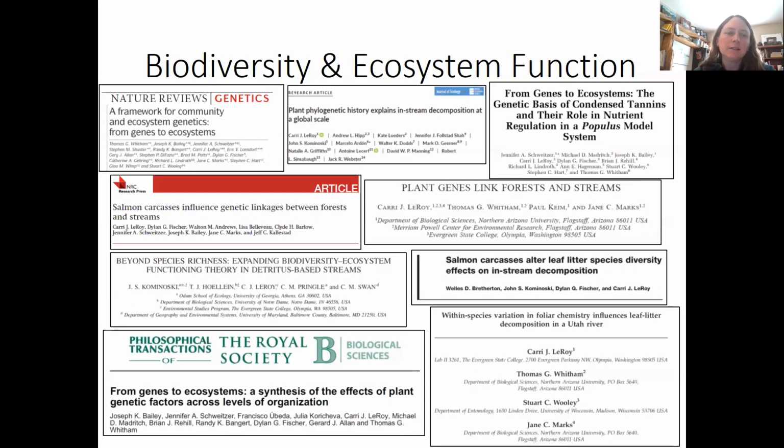Lots of studies on land, lots of studies in streams, influences of diversity in terms of riparian tree diversity mainly, but also how diversity then leads to functional diversity. And so I'm happy to talk to you all about any of these papers that might be interesting to you.